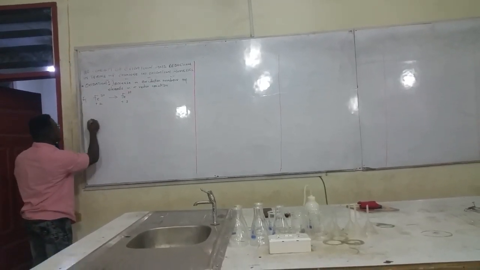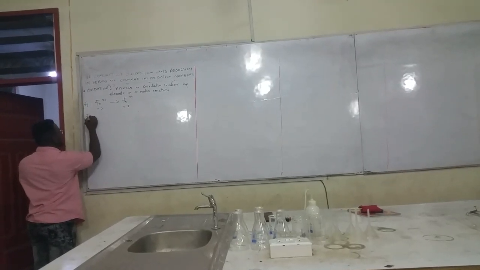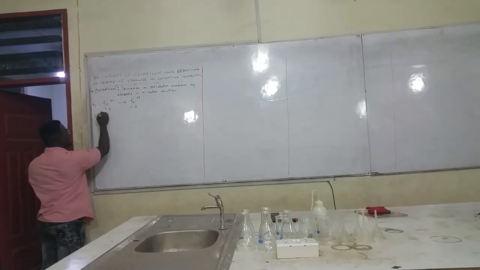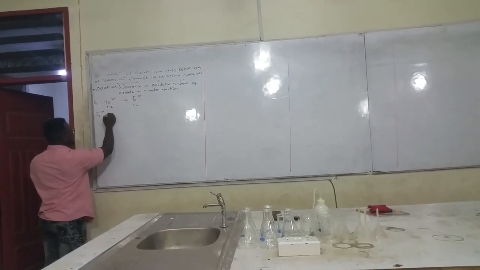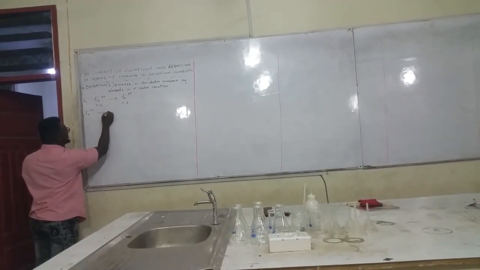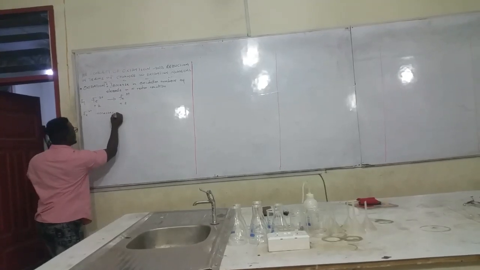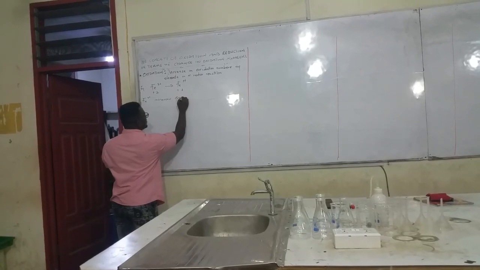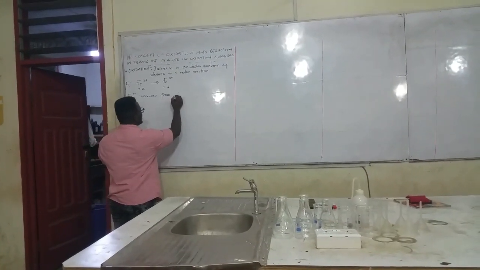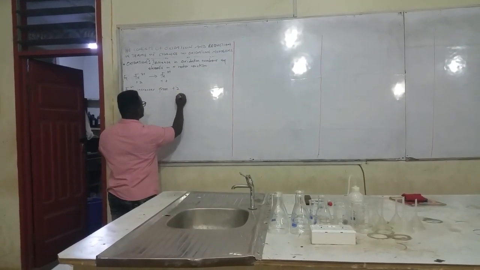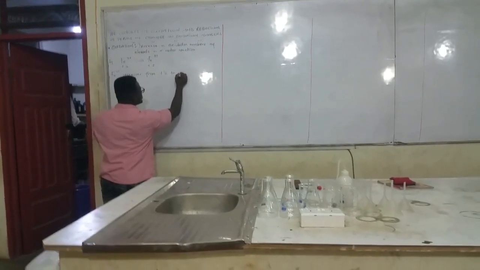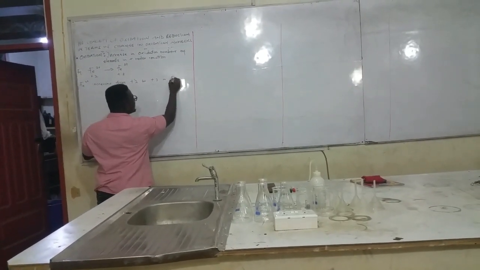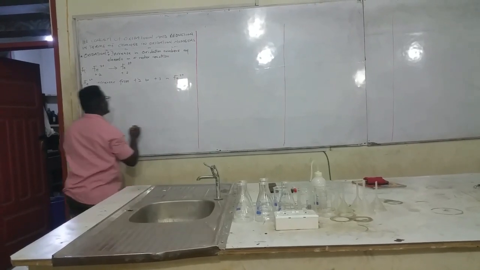So technically we can say that Fe2+ increases from plus 2 to plus 3 in Fe3+.